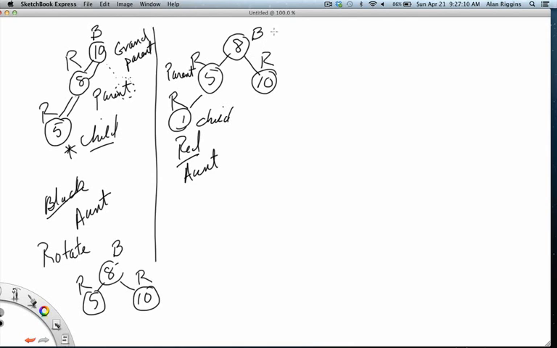The 8 is the grandparent. And the 10 is the ant. This is the sister of the parent. These are siblings. The child is the node that caused the problem. The child caused a red violation.